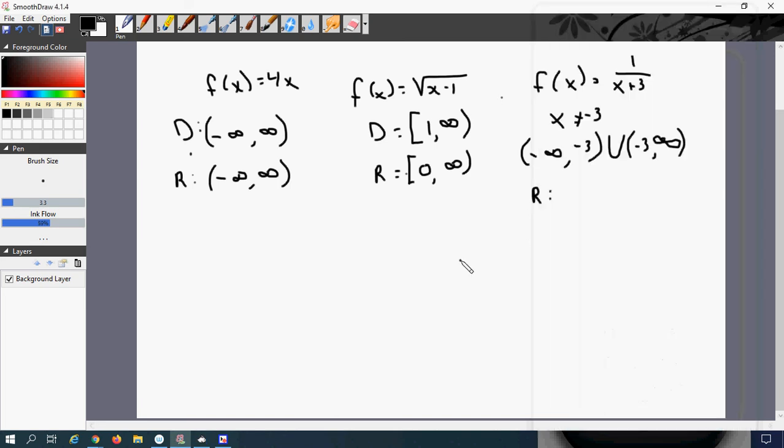So we would do that for the y: parentheses negative infinity to 0, and then union 0 to positive infinity. Or we could just say y does not equal 0, but all the other numbers. Okay, so these are 3 different examples of how to write the domain and the range for different functions.